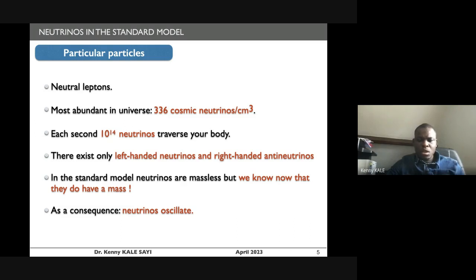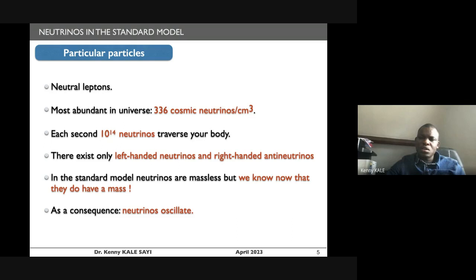What I want to say today is that when you read a particle physics book, you will encounter what we call the standard model, the mathematical framework that describes the interactions of particles. In the calculations of this standard model, we assume that neutrinos have no mass.